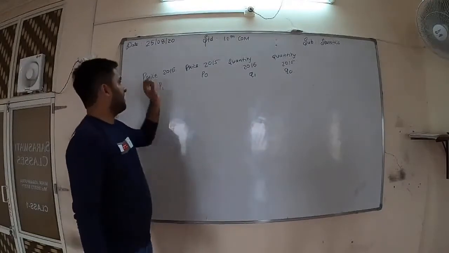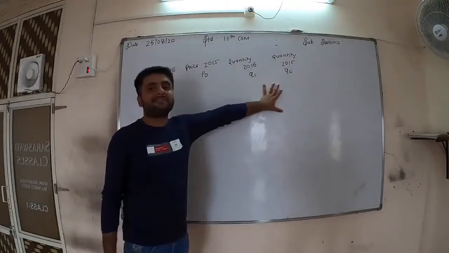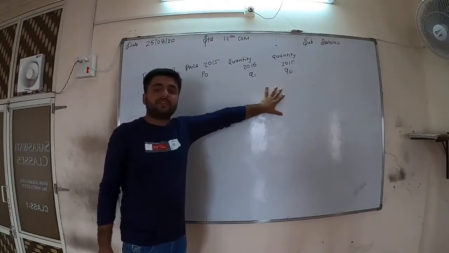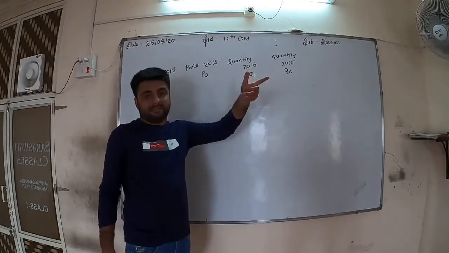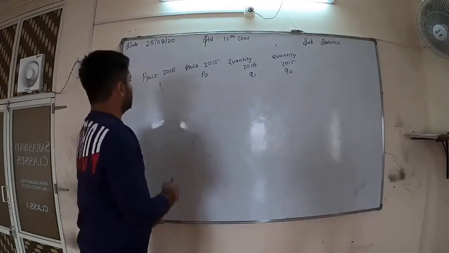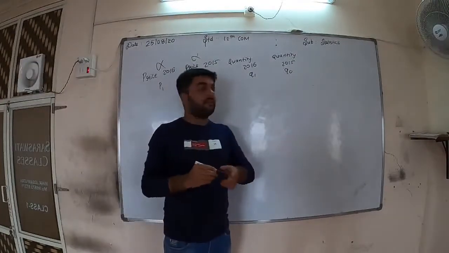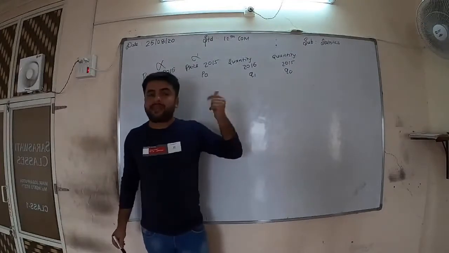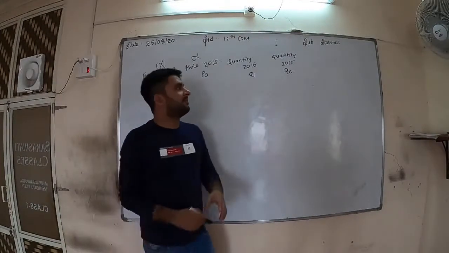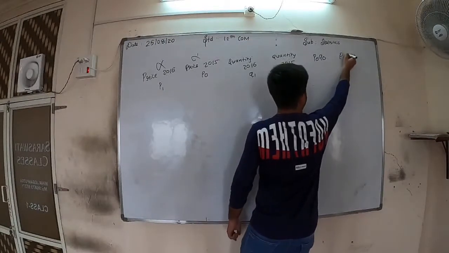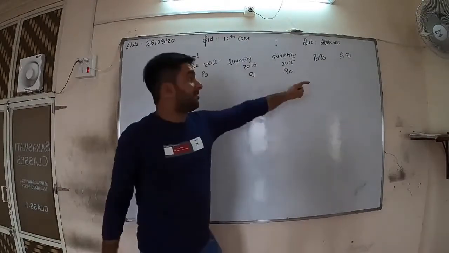Normal sums, friends, are where all four of these things are given. Now suppose any of the things is missing and some other thing is given to you. Suppose both prices are not given. Quantities are given but prices are not given, and instead you have been given these two columns, but not directly.